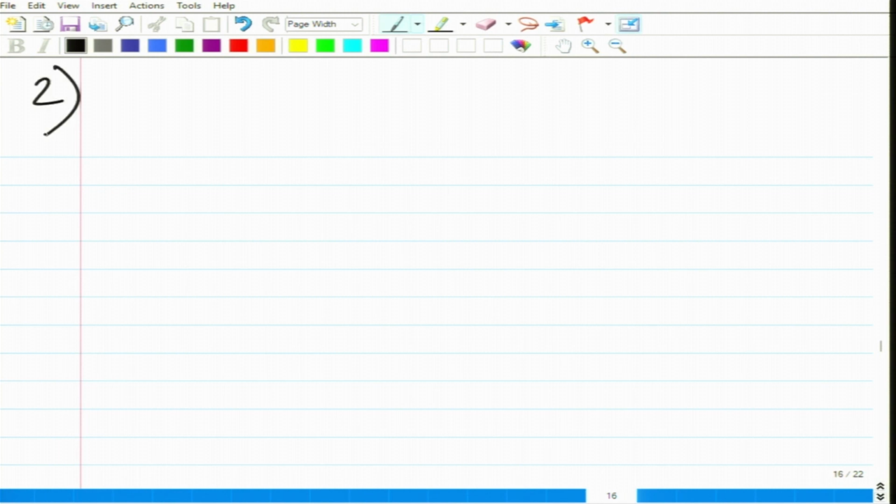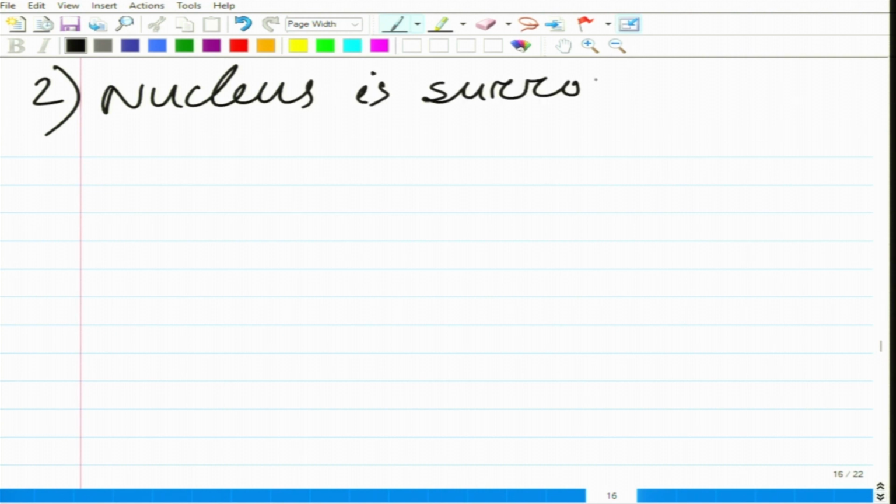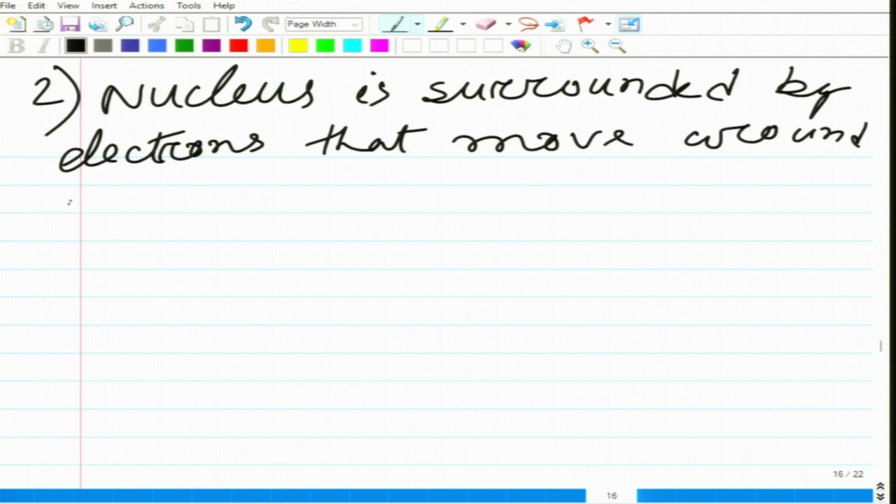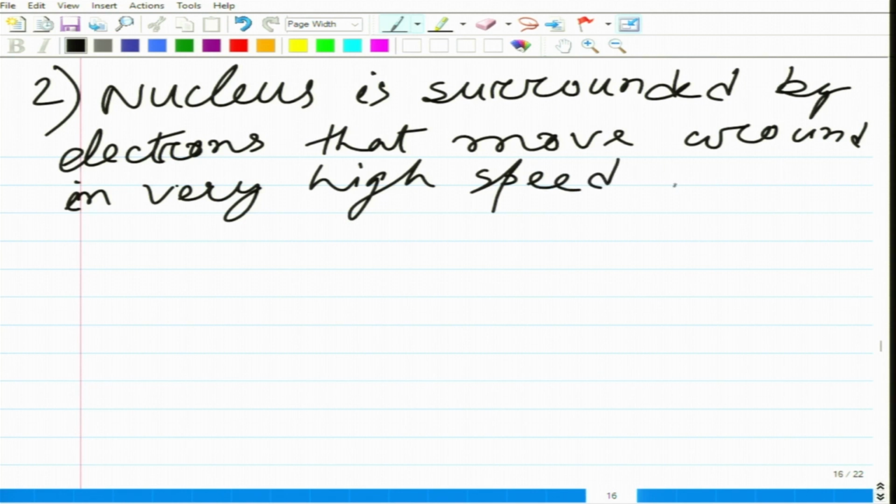The second statement was that the nucleus is surrounded by electrons that move around at very high speed in circular paths called orbits.